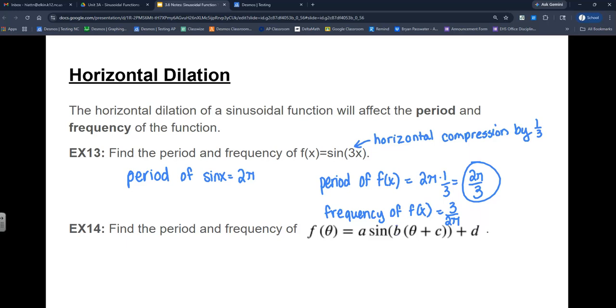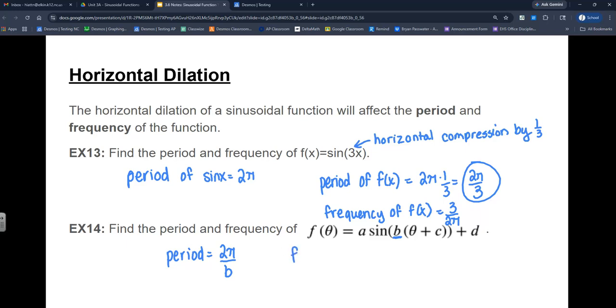So if we were looking at this in general, we're going to be looking at this b value right here, but it's important to note that the period does not equal that b value. The period of a function is going to equal 2 pi divided by that b value, because we're using the reciprocal, so that's going to go in the denominator.